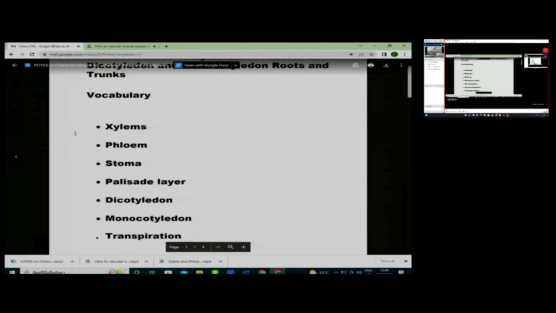So you're going to find that the xylem and the phloem are found in the roots. You will find them in the trunk. You will find them in the leaves. Wherever substances are required in the plant, they are the transportation system.